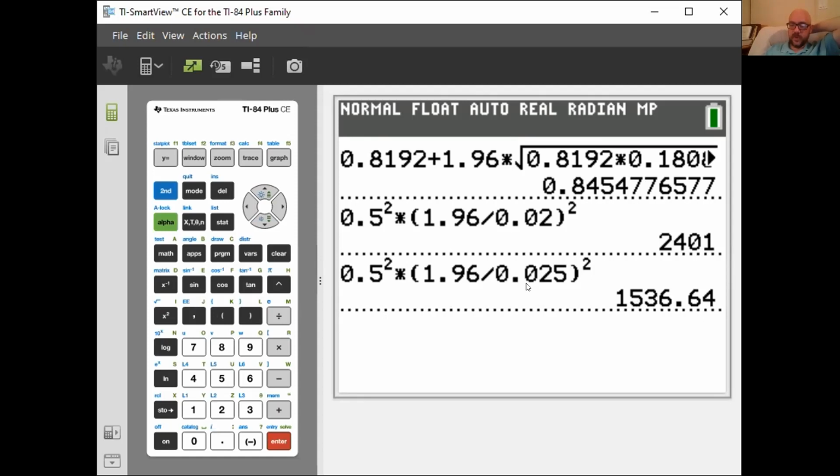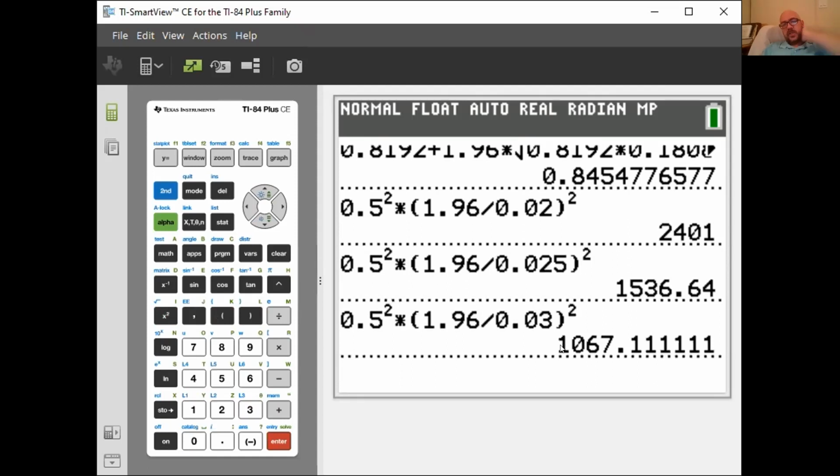So if I do 0.5 squared times 1.96 divided by 0.03 squared, you'll see this, 1,067. And if you look at the sample size on polls with a margin of error of 3%, it is almost always right around this, 1,060.